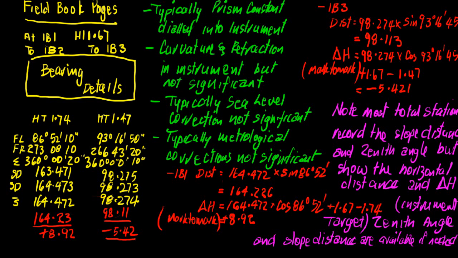Now, if we are measuring these using slope distance, we would usually measure the zenith angle. And here's the zenith angle I've measured here: 86.52.10 on left face, 273.08.10 on right face.